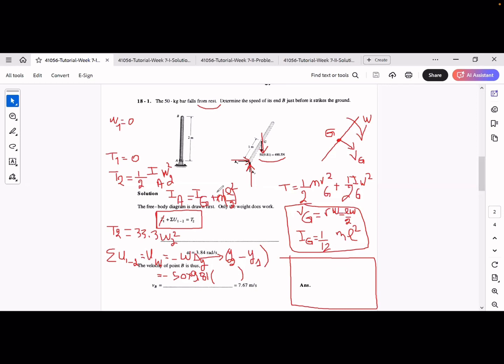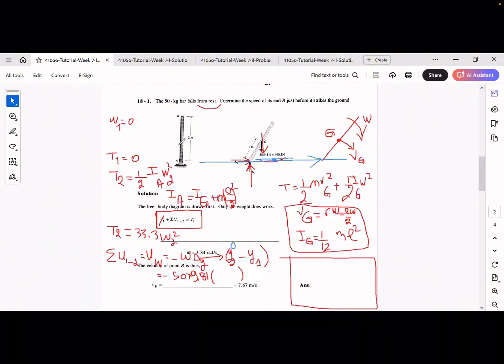Now, what is Y2? Y2 is the location of G with respect to my datum. If I consider my datum A, then when the bar hits the ground, G is at the datum, so Y2 is 0.